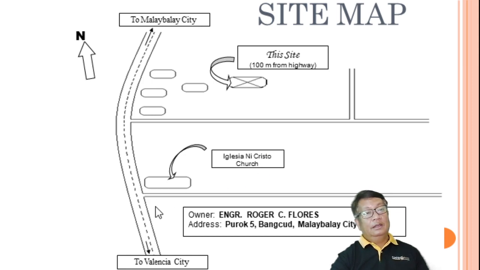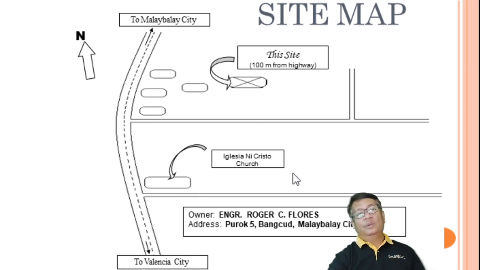So this is the highway. This is going to Malaybalay. This is going to Valencia. By the way, the location of the project, this residential building, is in Purok 5, Bangkod, Malaybalay City. You must specify your name here, the owner, and the address. And then, these are the landmarks that I can provide.